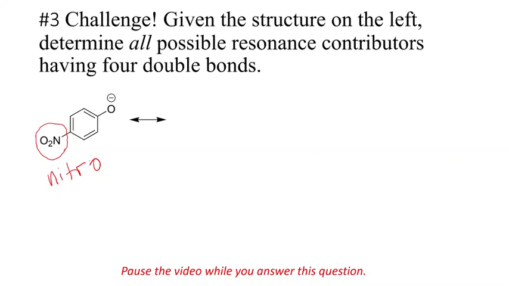See what you can do. Give yourself a certain amount of time, like 5 minutes, and see how many of these resonance contributors you can bang out in that amount of time. I'm going to give you a clue right now. There are 11 resonance contributors in this set. So, good luck. Maybe time yourself for 5 minutes, see what you've got, and come back.